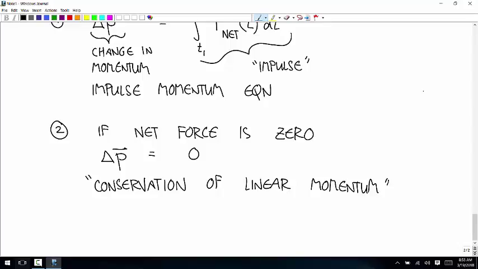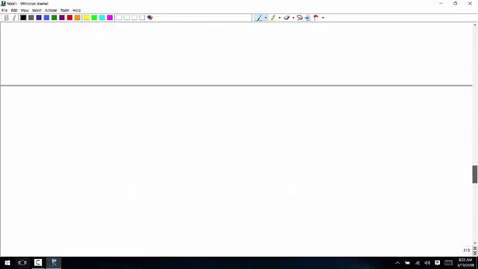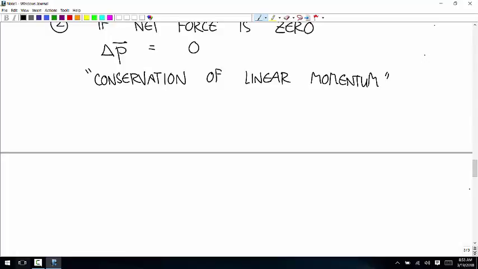And if you remember this, it's always really easy to tell when it's useful to go into a momentum approach for a problem. Up until now, there's kinematics and kinetics. You use kinematics if no forces or masses come into the problem.